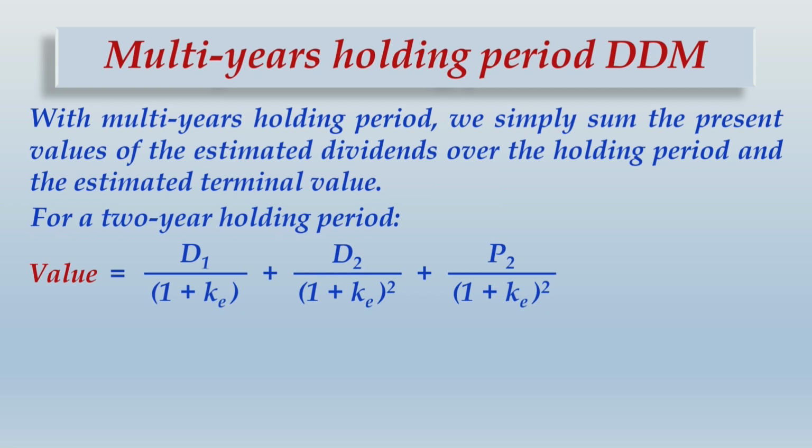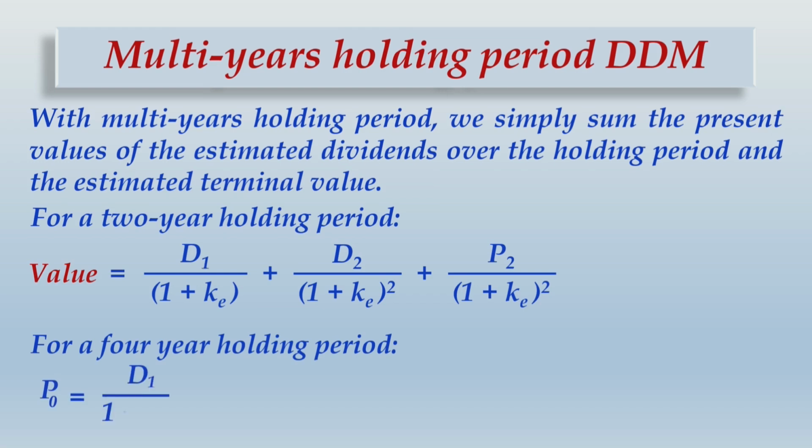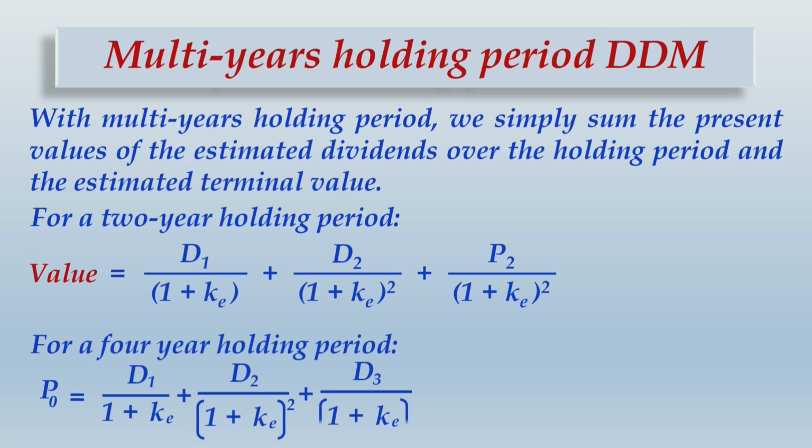Now this, as I mentioned, will be for a 2-year period, and thereafter for a 4-year period, the current value of the share, that is P0, how will you determine? D1 divided by 1 plus KE plus D2 divided by 1 plus KE the whole square plus D3 divided by 1 plus KE the whole cube plus D4 divided by 1 plus KE raised to 4 and plus P4 divided by 1 plus KE raised to 4.